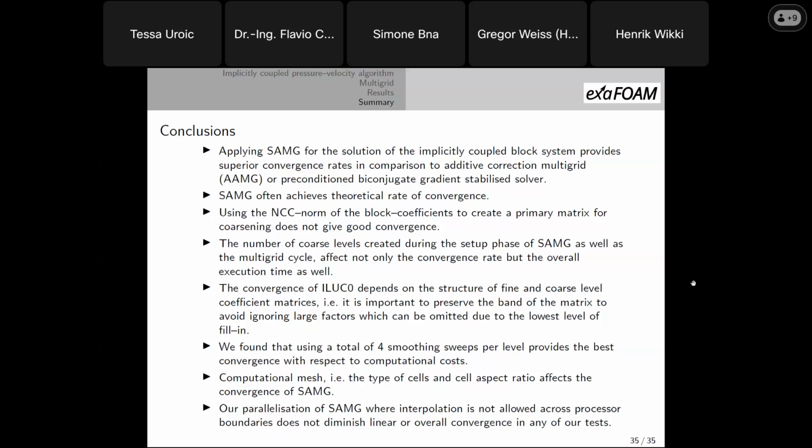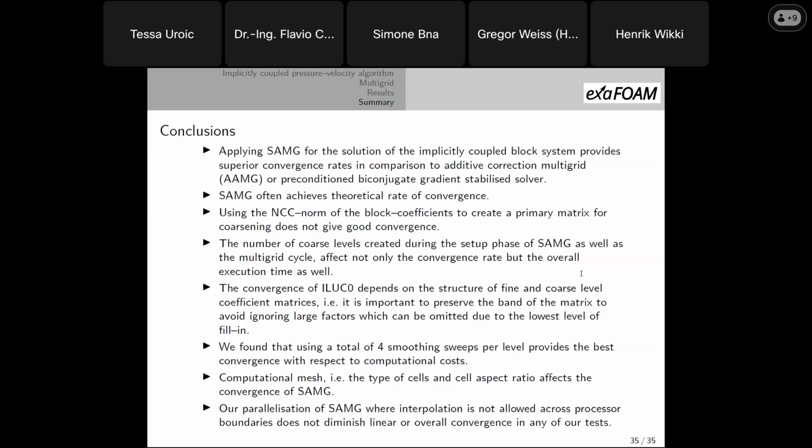For example, we use 20 by 20 on the coarsest level, and then I switched to 500 by 500, and this provided better results. So this is also based on different types of cases. We didn't notice anything which appeared regularly to say, okay, this is what you should use. So this is something that should be tested for every case.